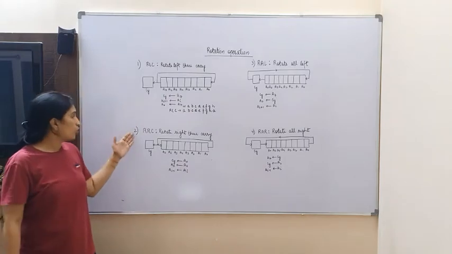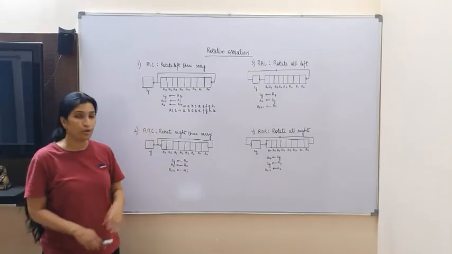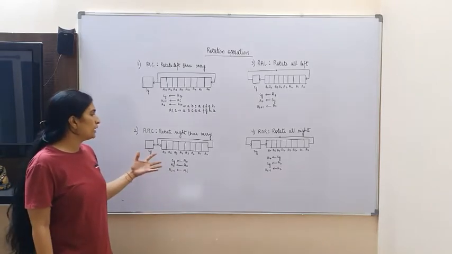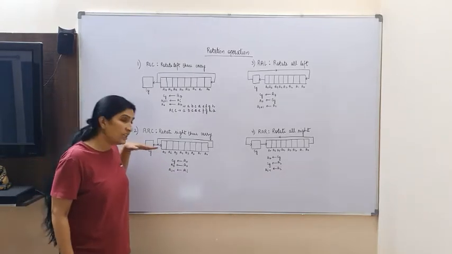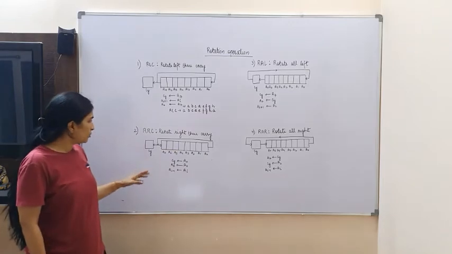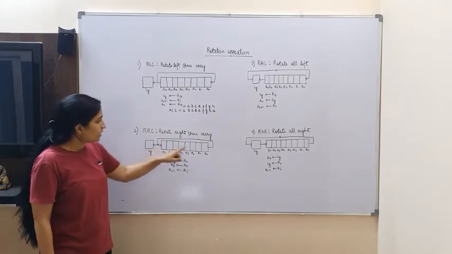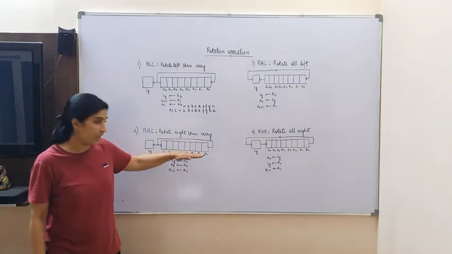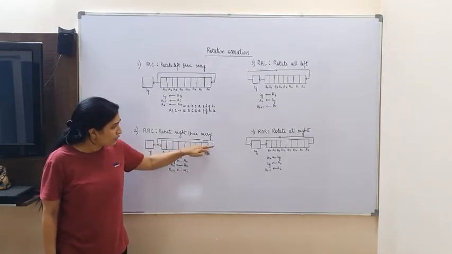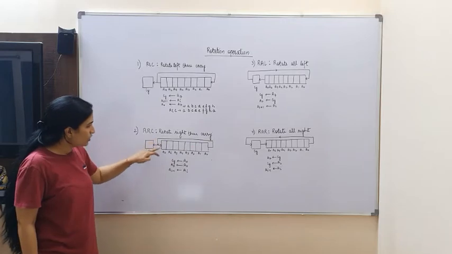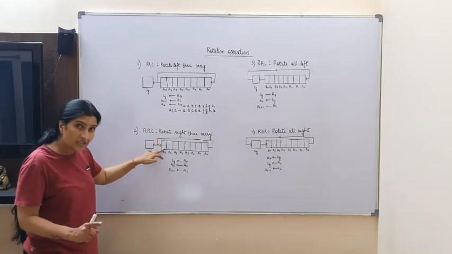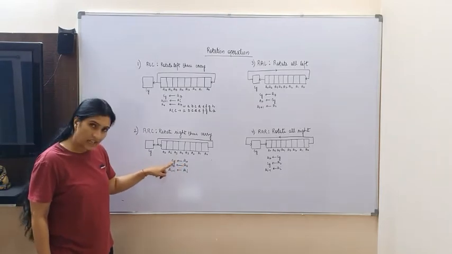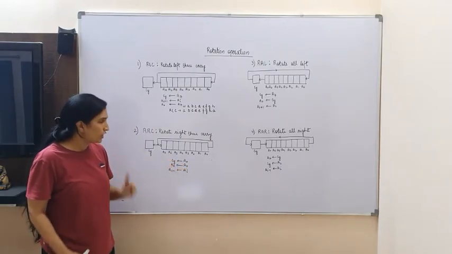Now let's start with RRC, rotate right through carry. This instruction is named so because the movement of the data is happening in the right direction. The content of A0, see the data is moving in this direction. So A0 will move into A7 and A0 will also move into carry.